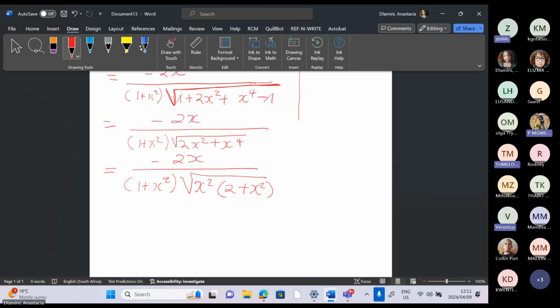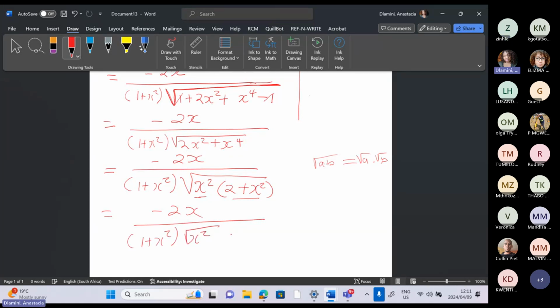Now remember that the square root of a times b is the same as the square root of a times the square root of b. So we can split these two. So minus 2x over 1 plus x squared, the square root of x squared times the square root of 2 plus x squared.